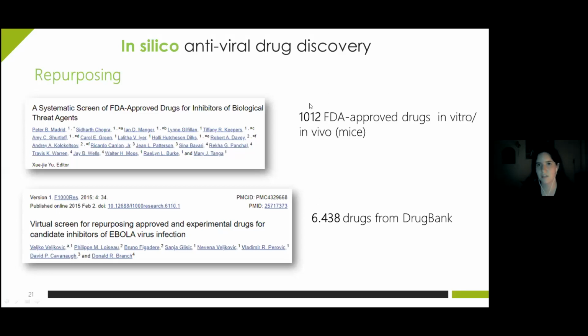So we have this difference here. You can see the standard approach with the in vitro and in vivo studies in mice could use 1,000 FDA-approved drugs in the process of the screening. And in the process of the screening using in silico tools, we have a 6-fold increase in the number of the drugs that can be used. And these were from the database of Drug Bank.